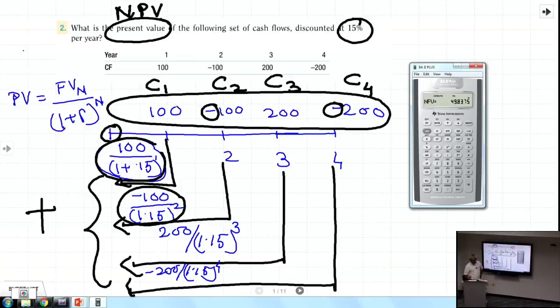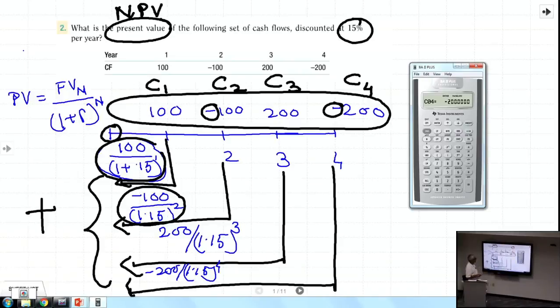So to calculate net present value, all I have to do is click the compute key, and that gives me 49.83 as the present value of those cash flows. I want to check my numbers again. So CF0, C01 is 1, C02 is negative, C03 and C04 is negative.